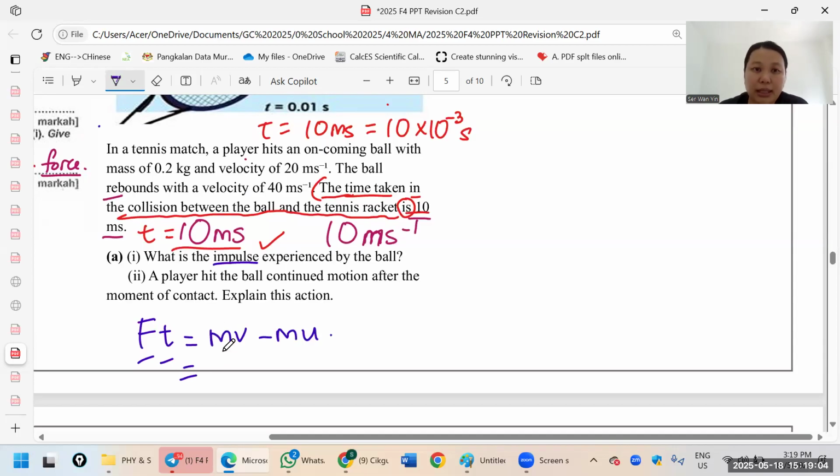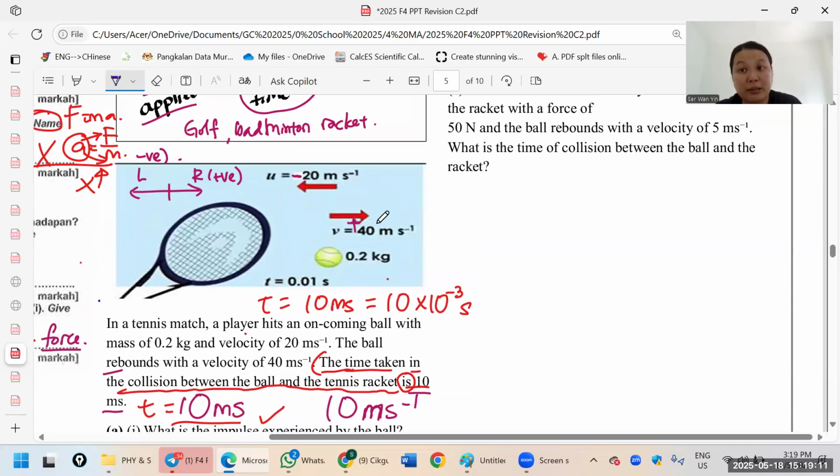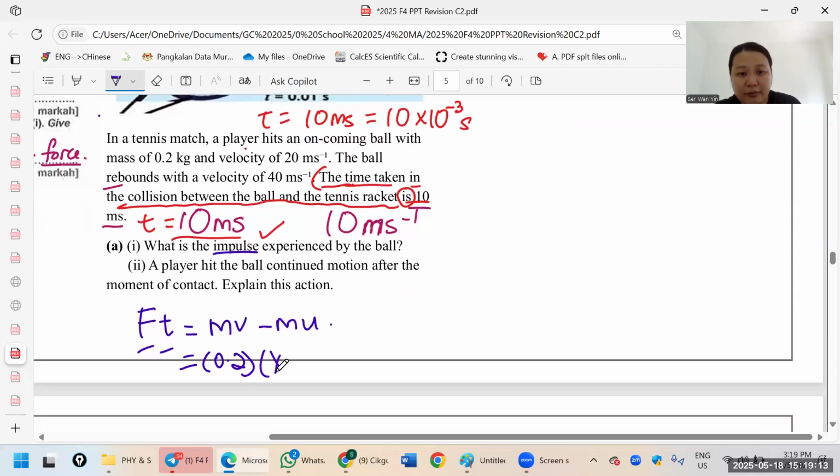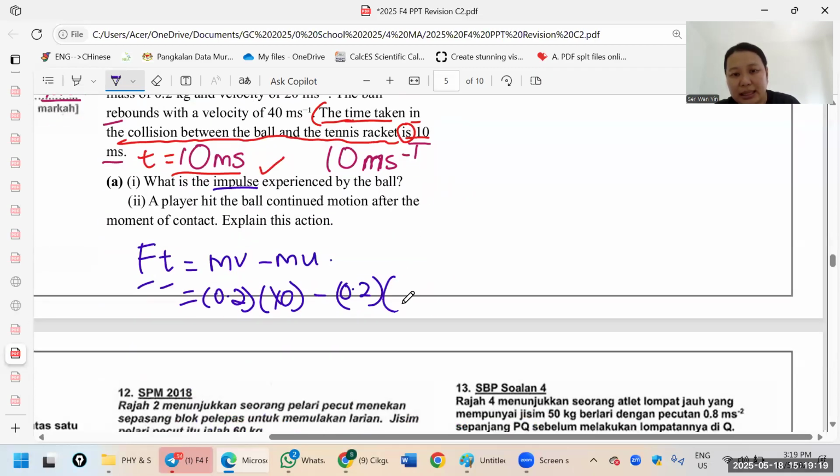So we substitute m 0.2, v positive 40, positive 40 minus mu, u is negative 20, negative 20. So you will find negative, negative, finally they sum up and become positive.